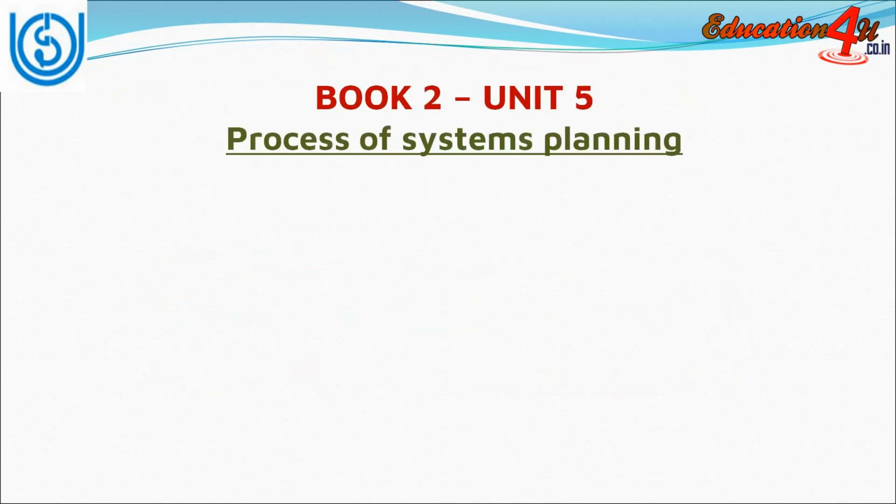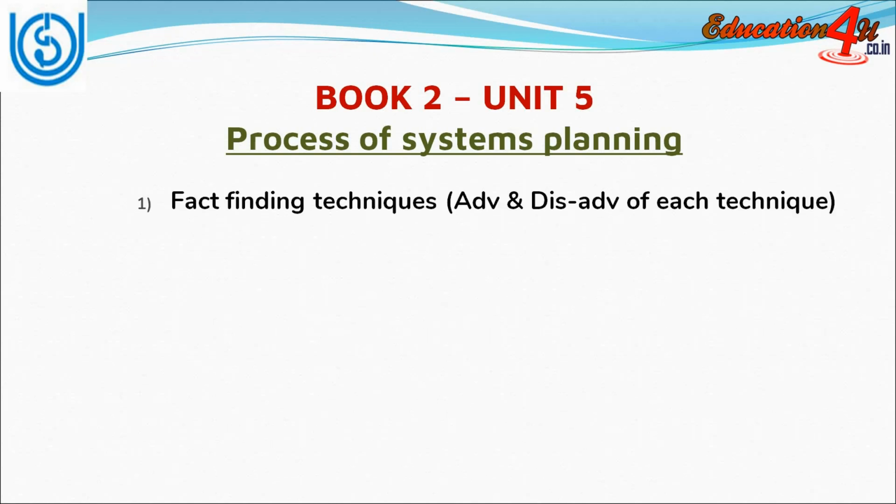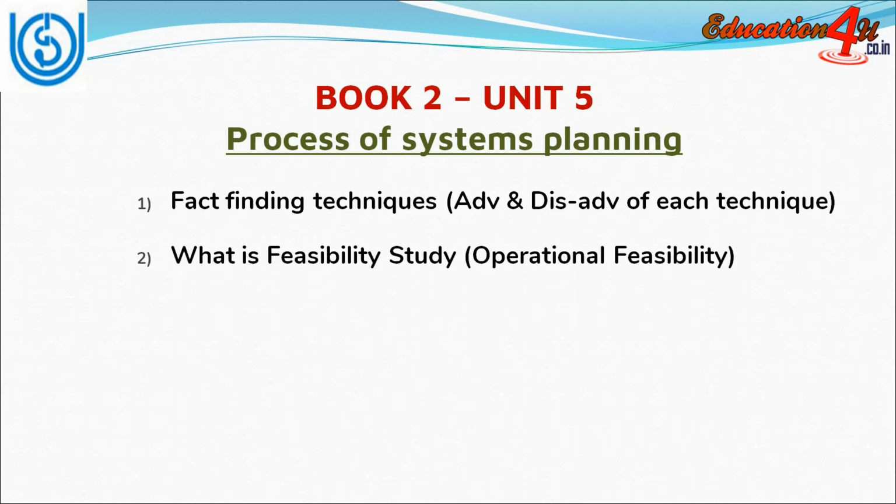Now coming to book 2 unit 5, that is process of systems planning. You should know what are the various fact finding techniques and what are the advantages and disadvantages of each technique. What is feasibility study, and there are various types of feasibility study involved in this.